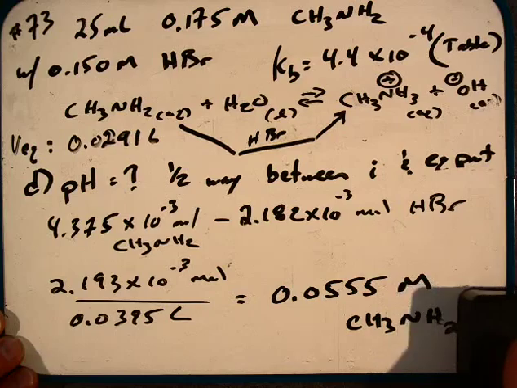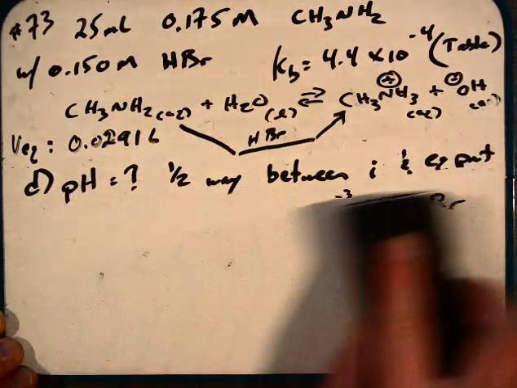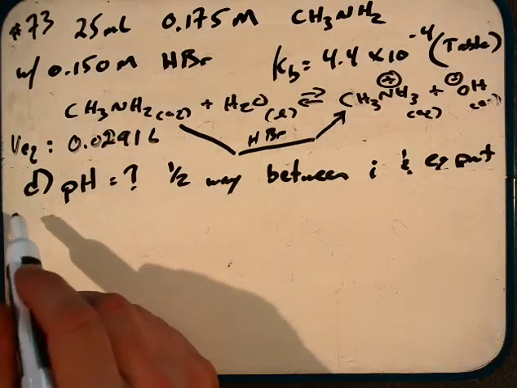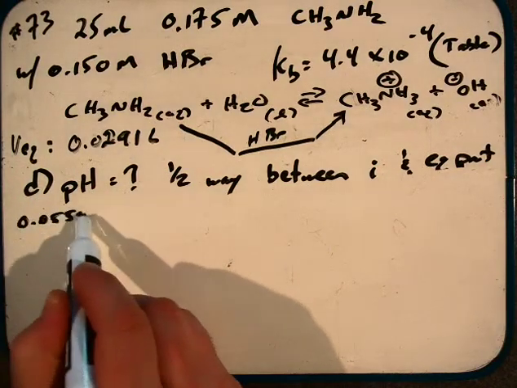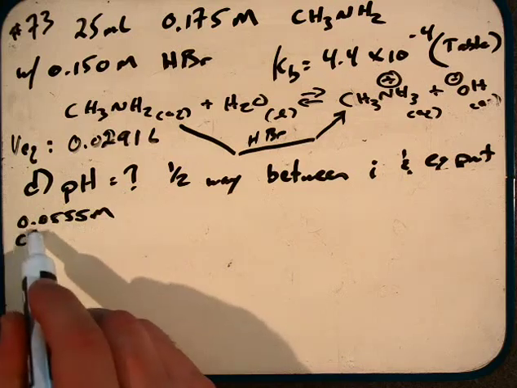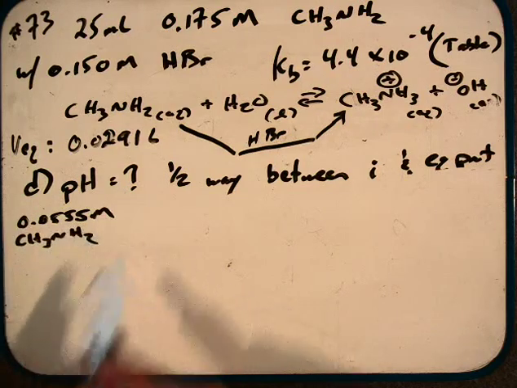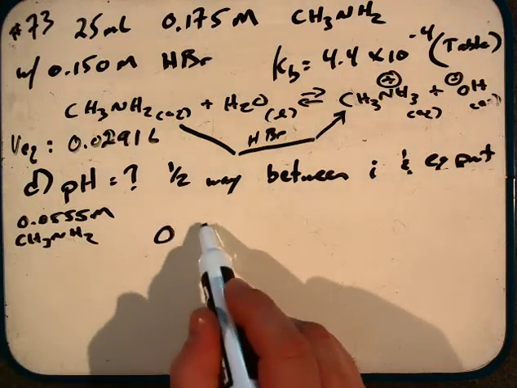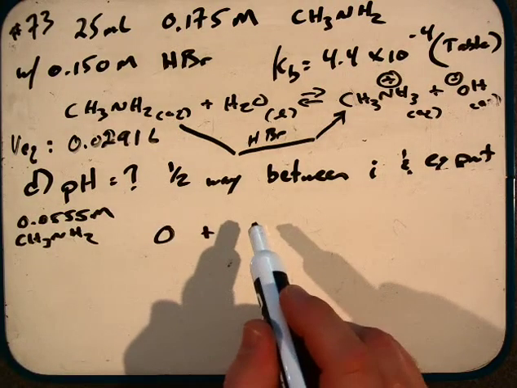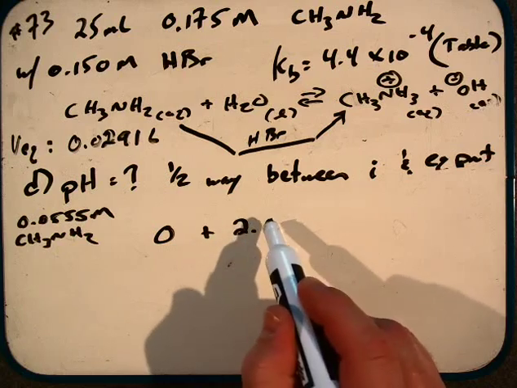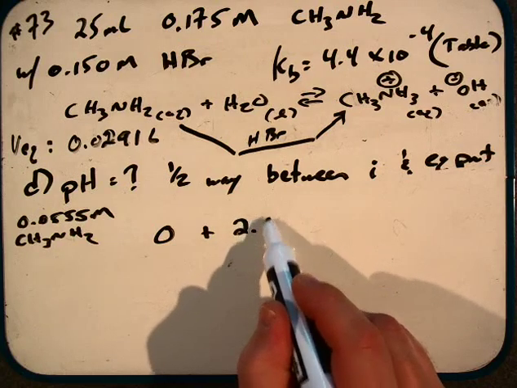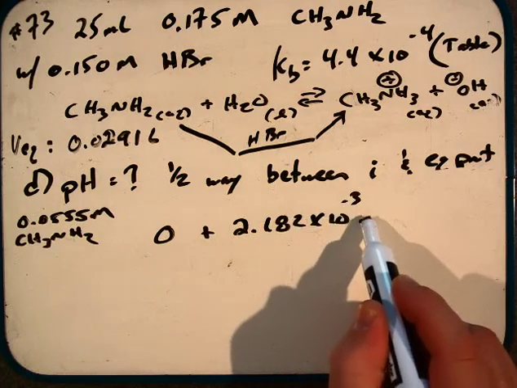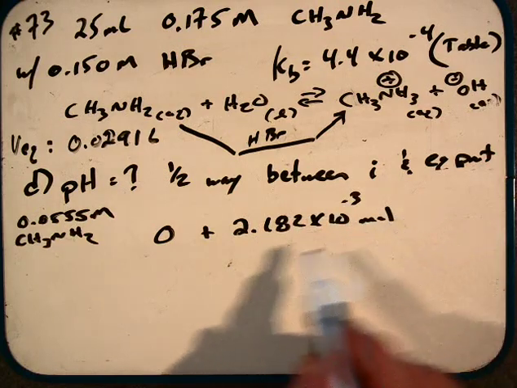We can do the same thing. So we still have that 0.0555 molar of that base. We can do the same thing with the conjugate, right? We began with 0 moles of that conjugate, and we're basically adding 2.182 times 10 to the negative third moles of that HBr.